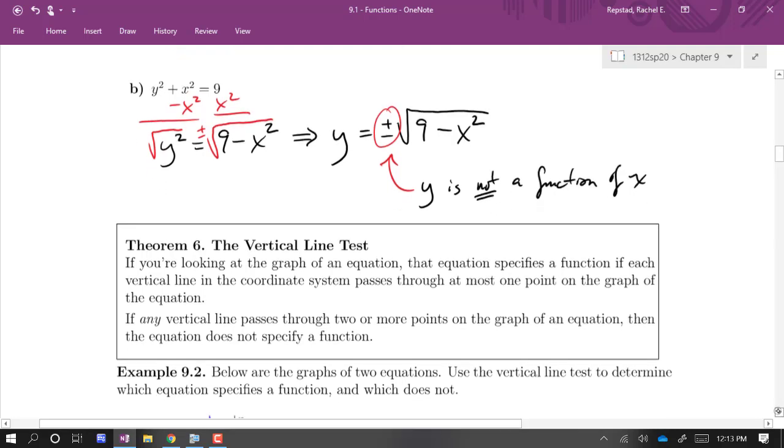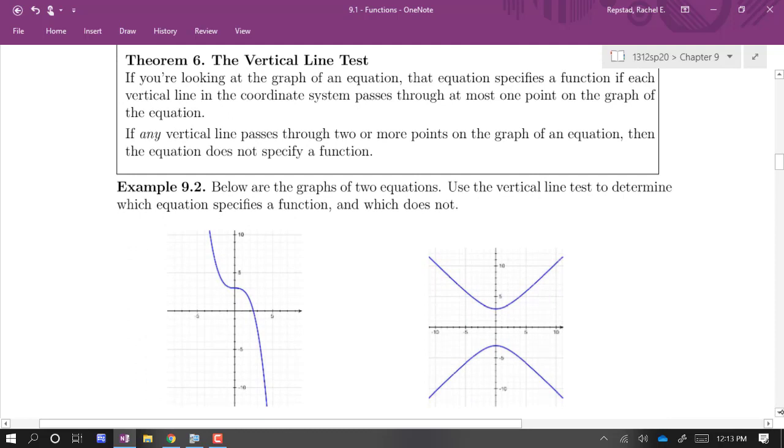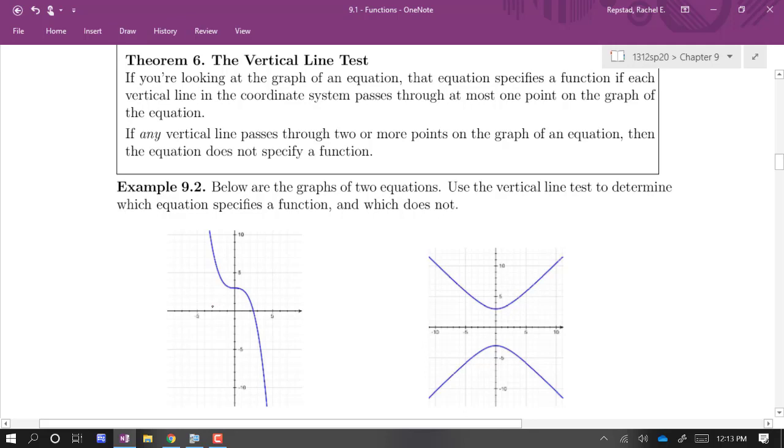If we're looking at a graph of an equation, there's a really simple way to determine if what we're looking at is a function. We call it the vertical line test. Remember that to be a function, every input can have only one output, and graphically that means that for any x value, like this x value right here, there can be only one y value that corresponds to it.